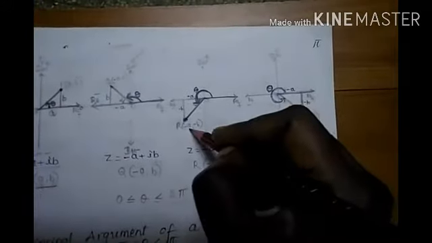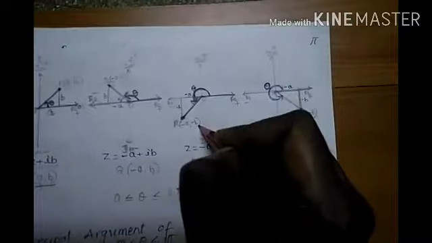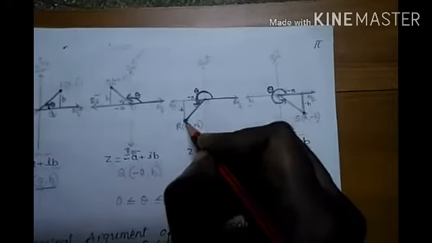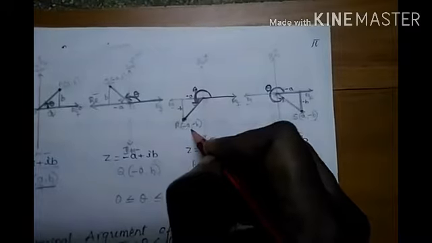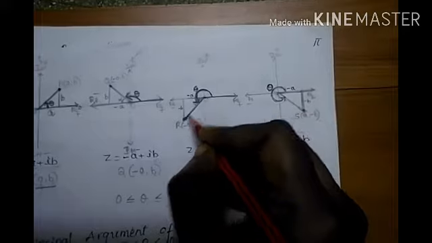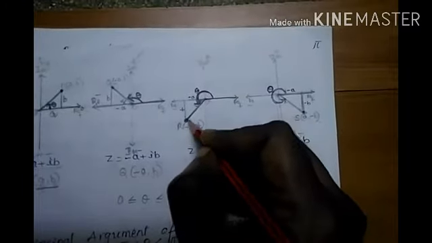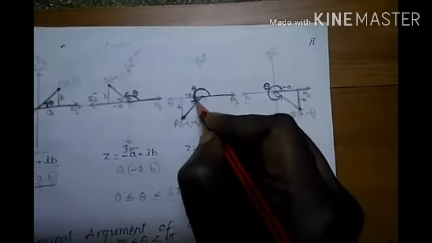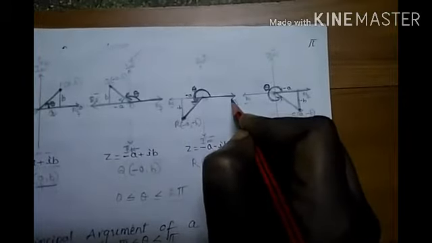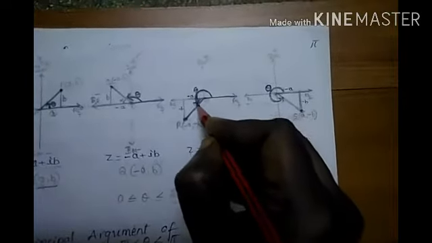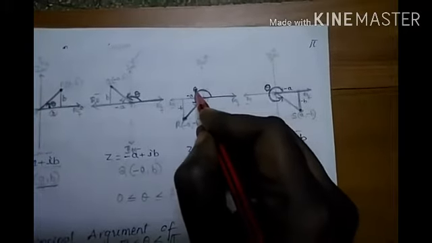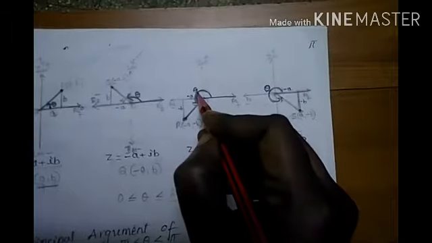The point (minus a, minus b) lies in the third quadrant. Join OR. The angle made by OR with the positive real axis in anti-clockwise direction is called the argument theta.